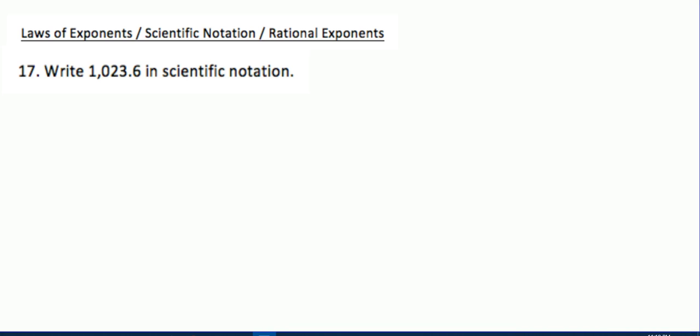Okay. Scientific notation requires us to put a number times 10 to a number. That's how scientific notation works. So we usually have to move the decimal place.